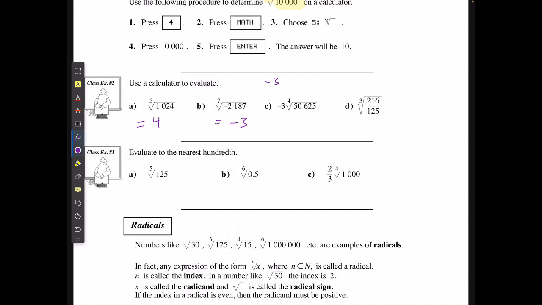Don't forget to do the multiply, and then 4 x root of 50,625. So you're multiplying it out properly. And if you do this correctly into your calculator, you're going to get -45.